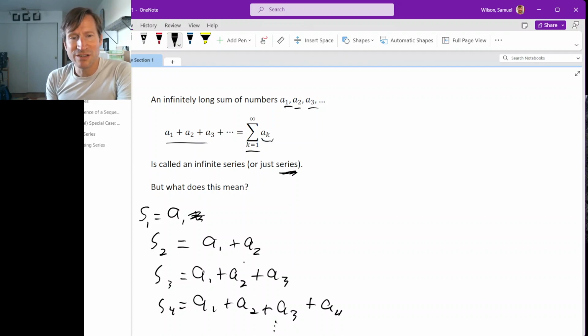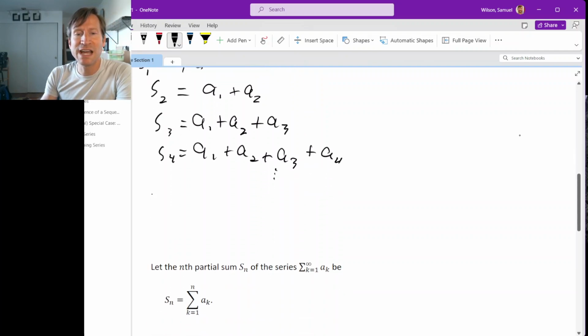So what we'll do is think of adding up parts of the series instead of the whole series. We'll name these S sub n's the partial sums of the series. So S sub n is the sum from k equals 1 to n of a sub k.